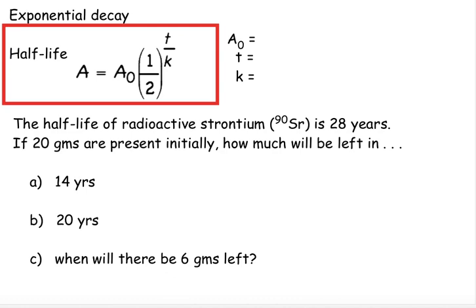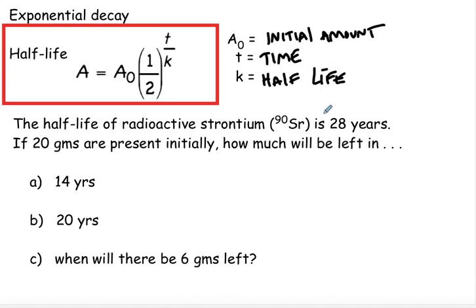Exponential decay is our next formula. In the formula, a sub 0 is your initial amount. T is time, and K is whatever the half-life is.